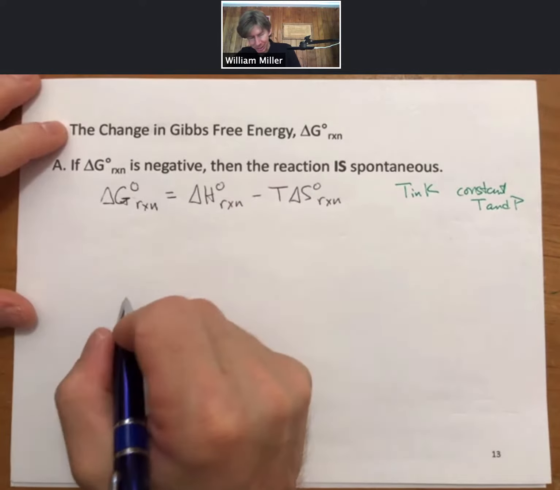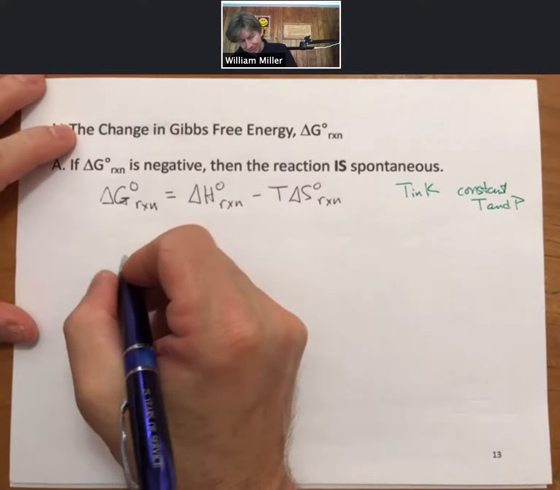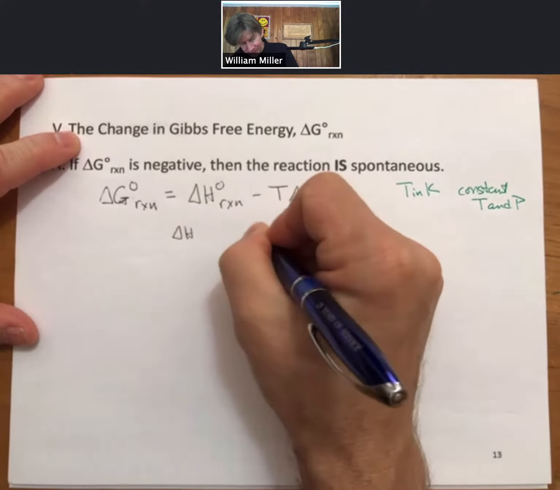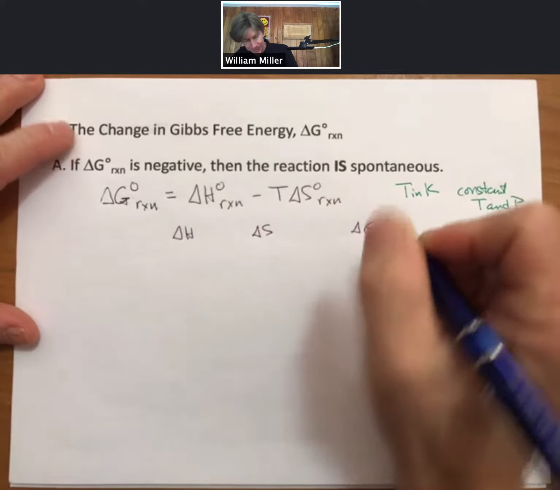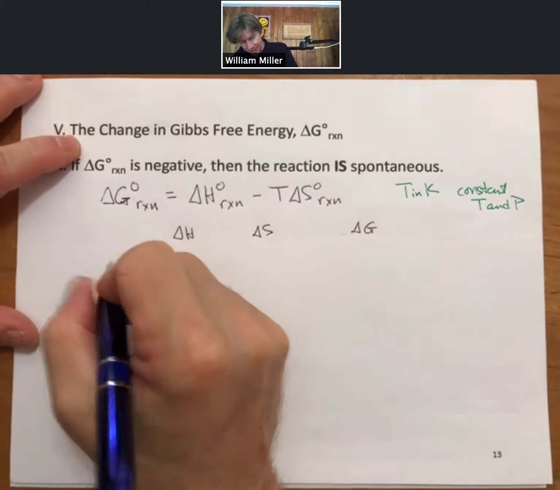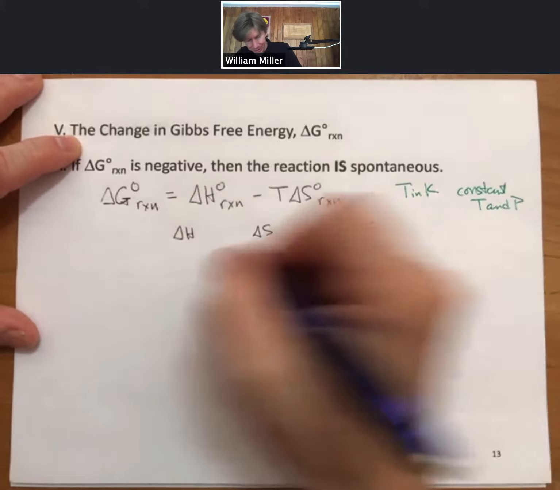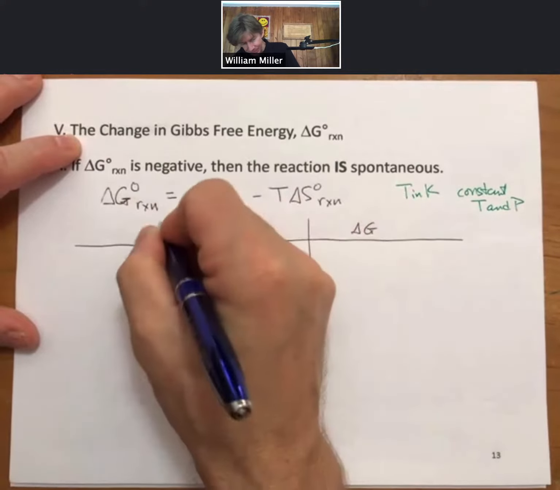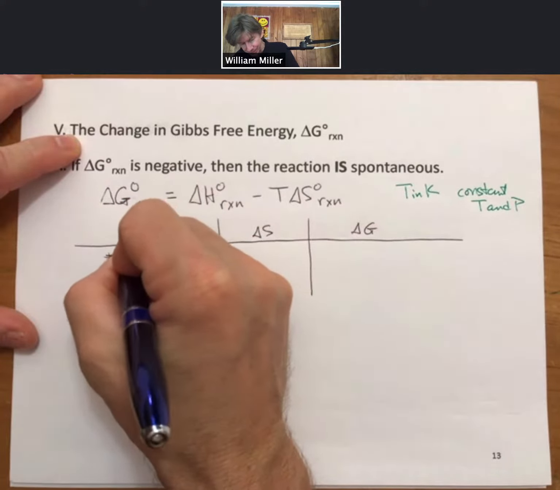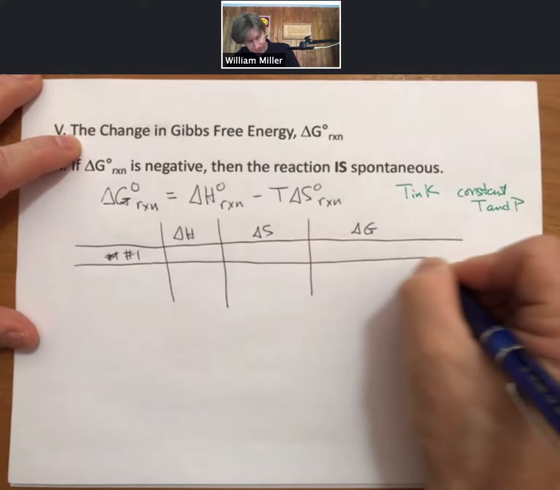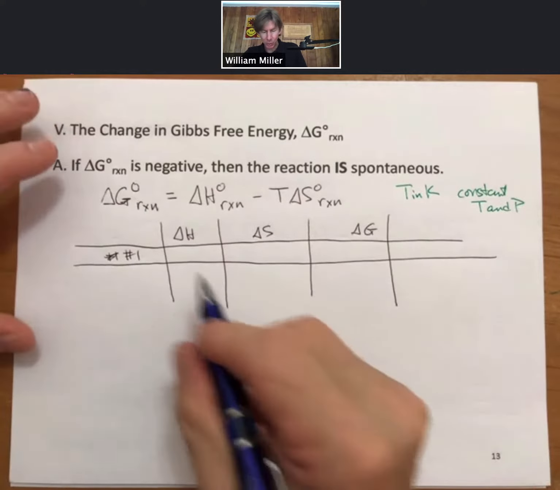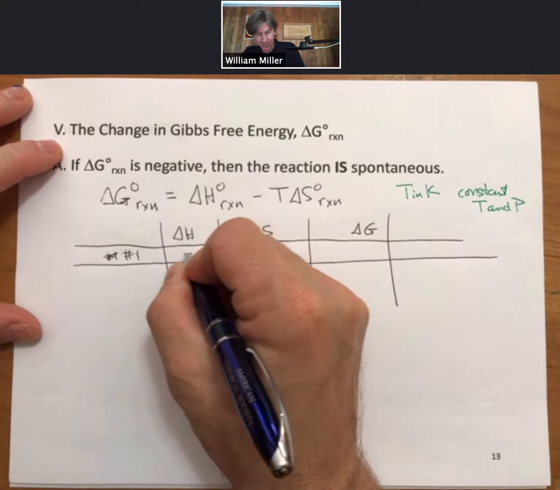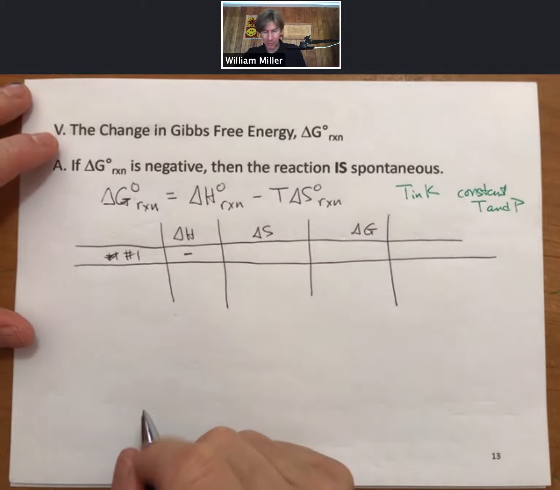And what we'll do is we'll set up a little table, and we'll look at delta H, delta S, and delta G. We'll call this number 1, and we'll look at the case of if delta H is negative, which means it's exothermic.